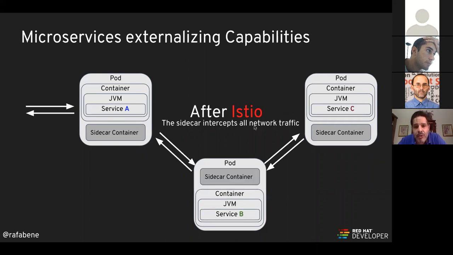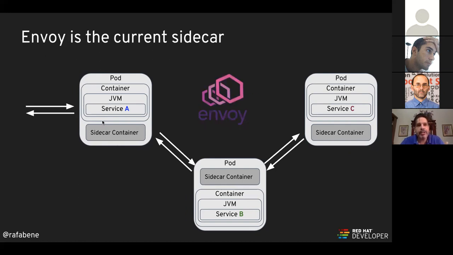The sidecar container intercepts all network traffic, it's just that simple. It uses IP tables to route every traffic to the sidecar container. Then again, using IP tables, the sidecar container will communicate finally with your application.